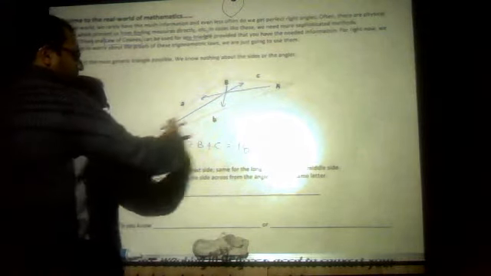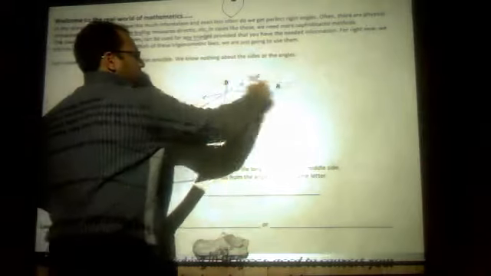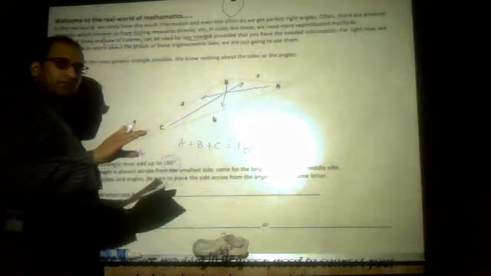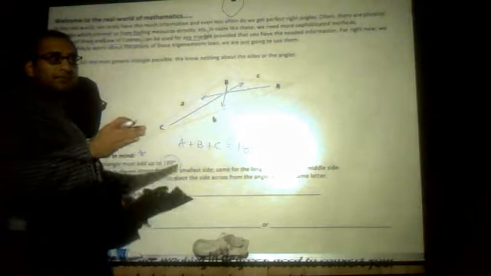The smallest angle is always across from the smallest side. So if C was the smallest angle, it would have to be across from the smallest side. That makes sense because if you have a 15-degree angle, the side opposite has to be smaller than, say, a 30-degree angle's opposite side.